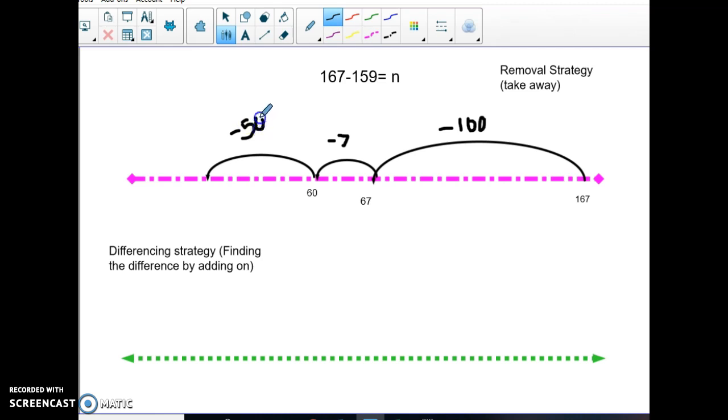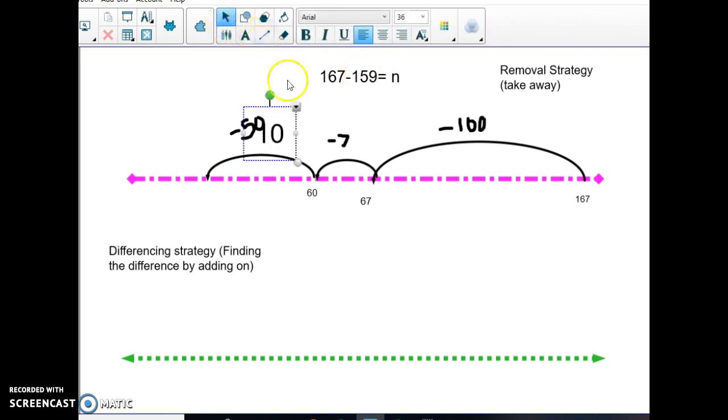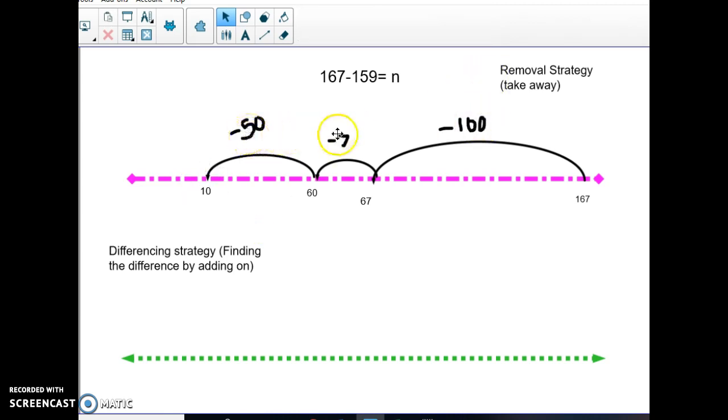And if I subtract 50 from 60, that's going to give me 10. So I'm going to write 10, move it to its proper place. Okay, so far I've removed 157, but I have to remove 2 more.